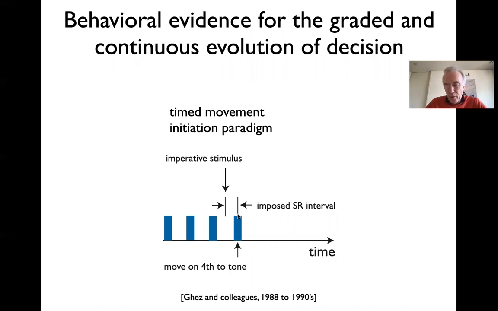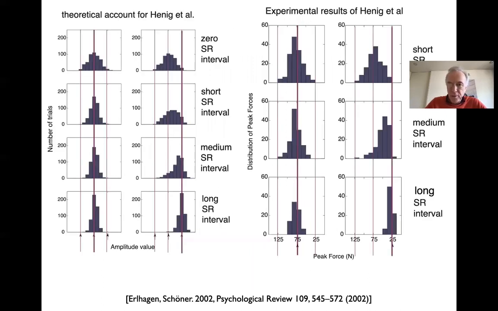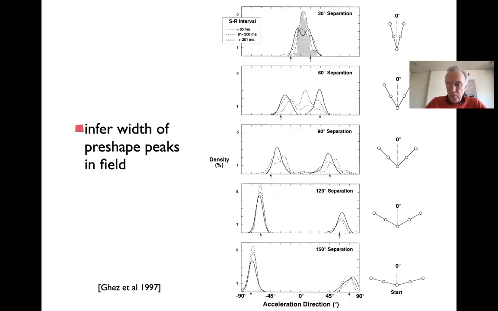But participants can learn to move, for instance, on the fourth tone. And I showed you examples of pre-activation, guessing, when we have very short time to prepare the movement. You have a default response, and that then evolves continuously in time as you have more time to prepare the correct response.